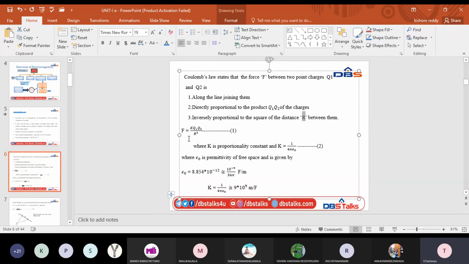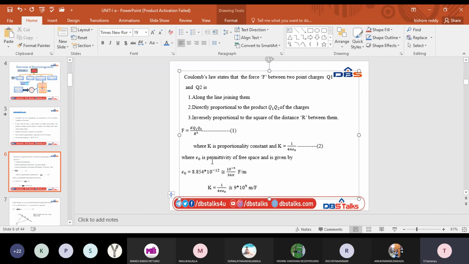Coming to the mathematical equation, F is directly proportional to Q1 Q2 divided by r square, where K is a proportionality constant. Then Coulomb's law can be expressed as F is equal to K into Q1 Q2 by r square. The value of K is 1 by 4 pi epsilon naught, where epsilon naught is the permittivity.